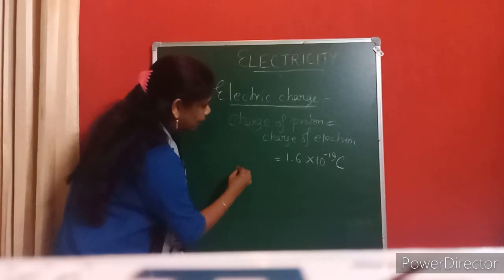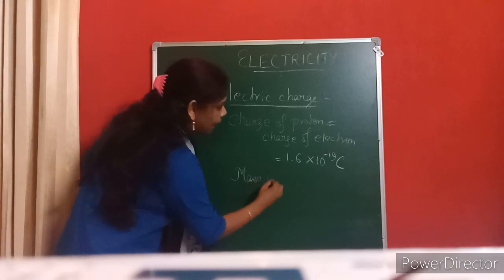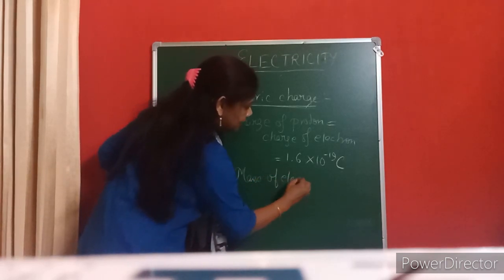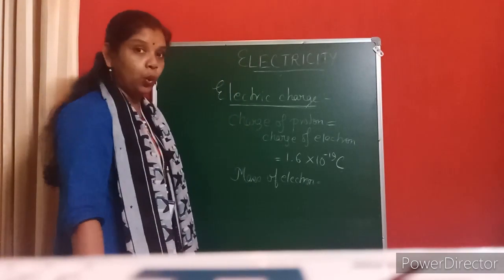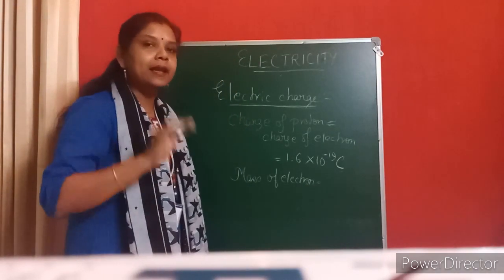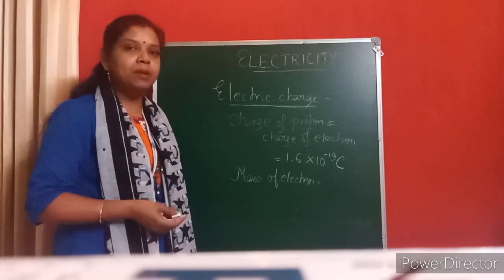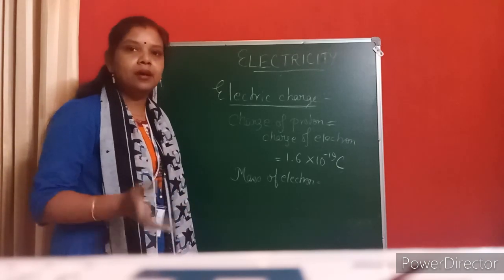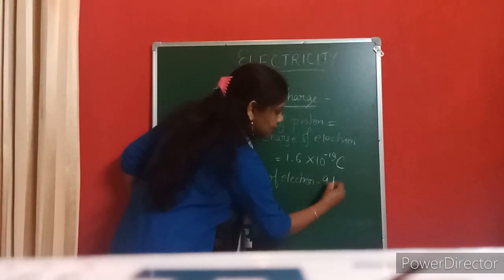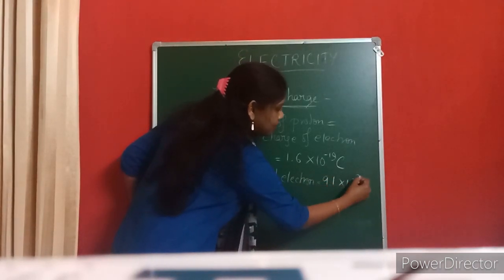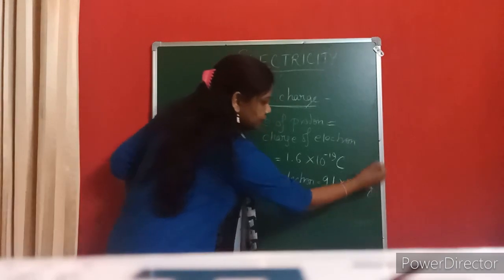Another thing I would like to say here: the mass of an electron. Are the masses the same for electron and proton? No. The mass of an electron is less compared to the mass of a proton, meaning protons are heavier than electrons. The electron mass is 9.1 into 10 to the power minus 31 kg.